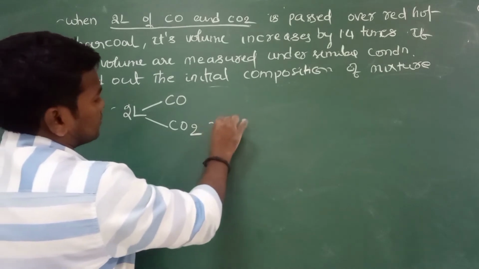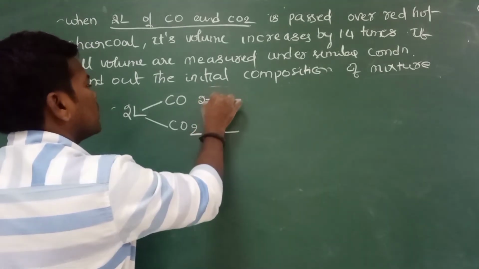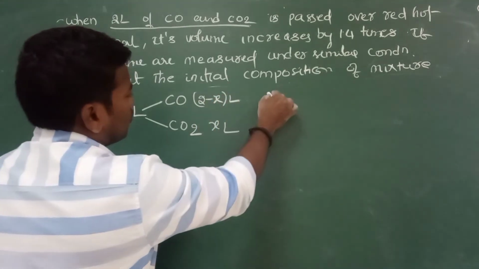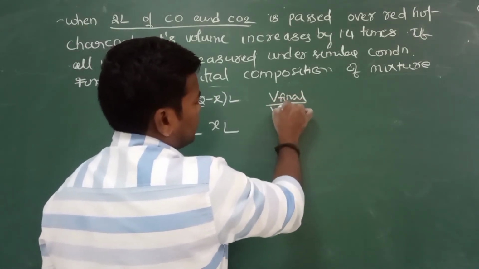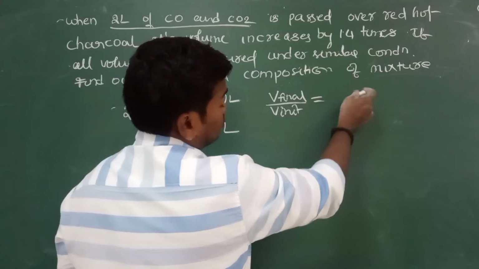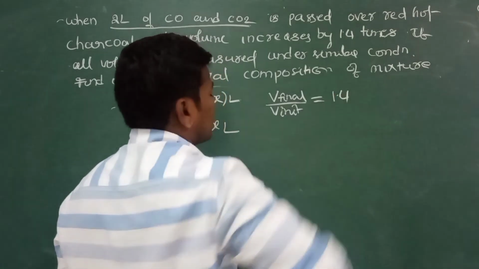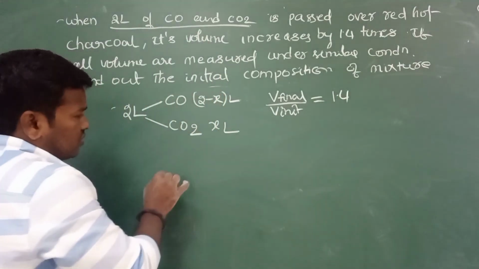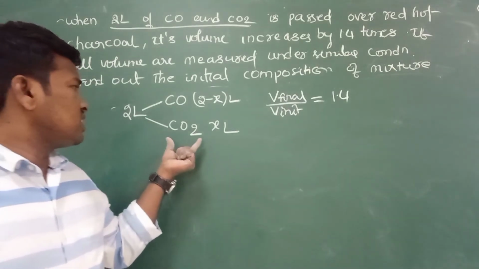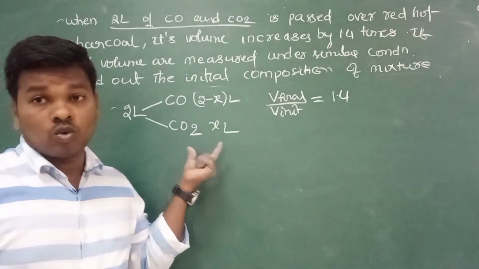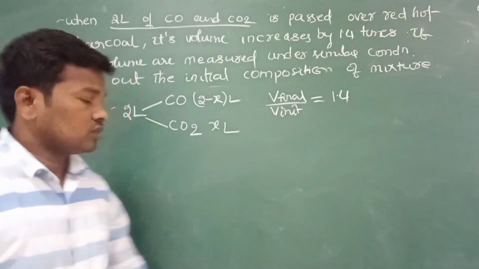Let us take CO2 as x liters, so CO will be 2 minus x liters. Carbon dioxide reacts with the charcoal and produces carbon monoxide.